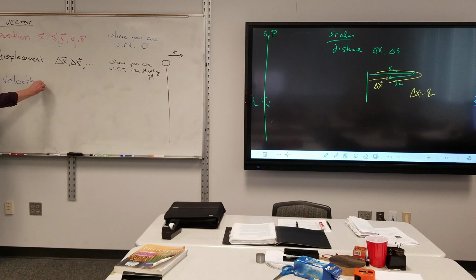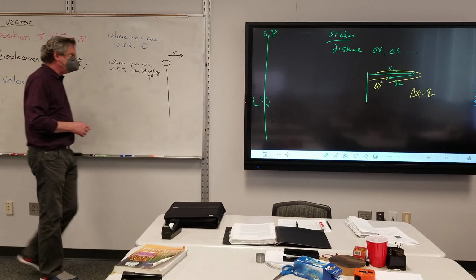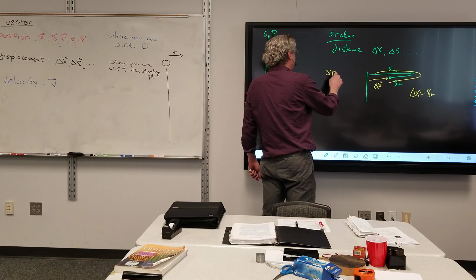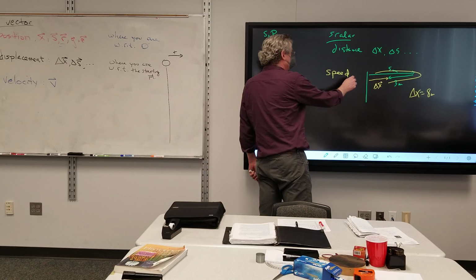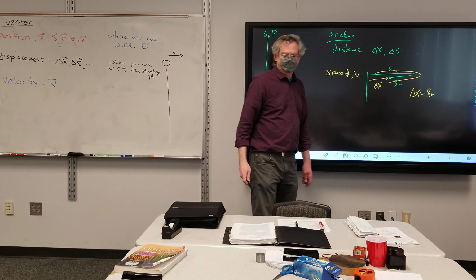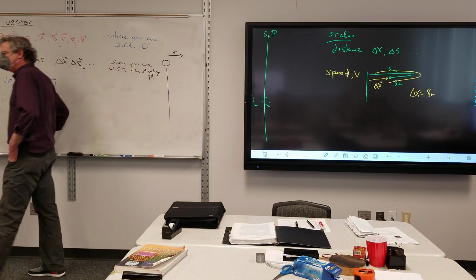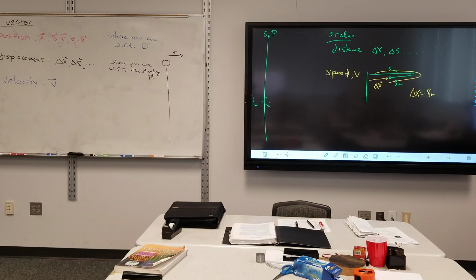Is that still considered under scalar or under vector? Velocity is a vector. The scalar, since you bring it up, is speed. And the symbol for speed is v. Don't use S or R. So velocity is considered a vector because it involves direction.